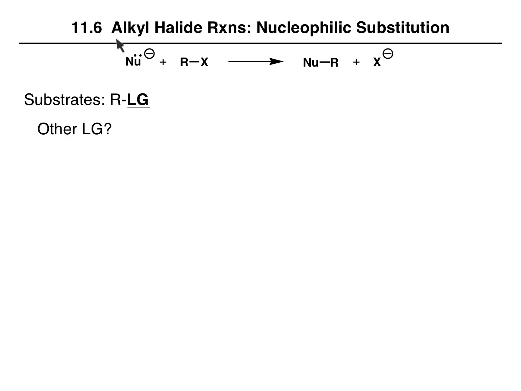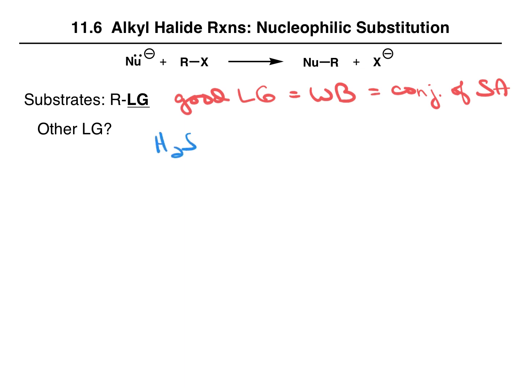Although we are focusing on alkyl halides, there are other groups that can act as leaving groups. Keep in mind, we just said that a good leaving group is a weak base, and a weak base is the conjugate of a strong acid. So one of the acids that you learned about in general chemistry is sulfuric acid. That's a nice strong acid.